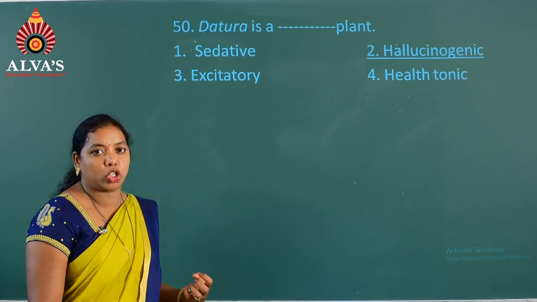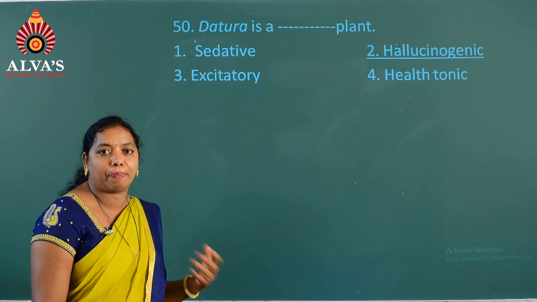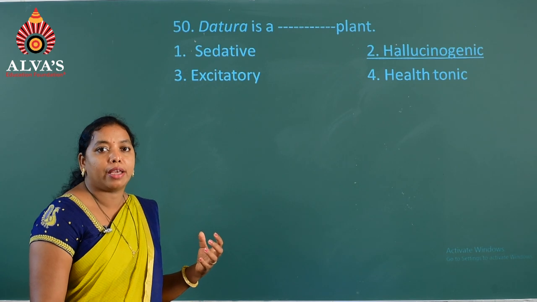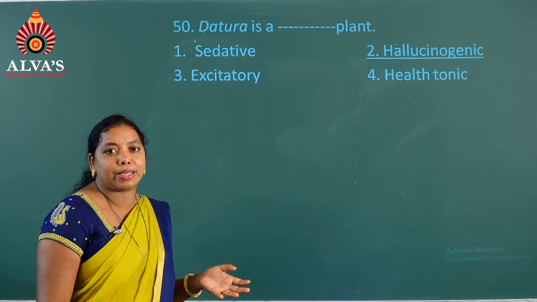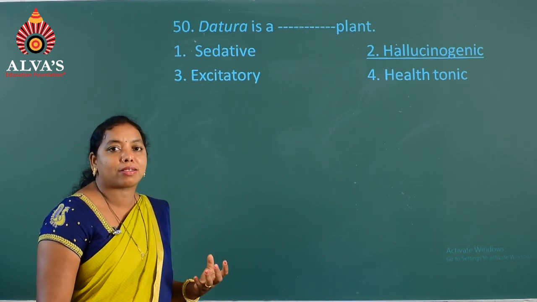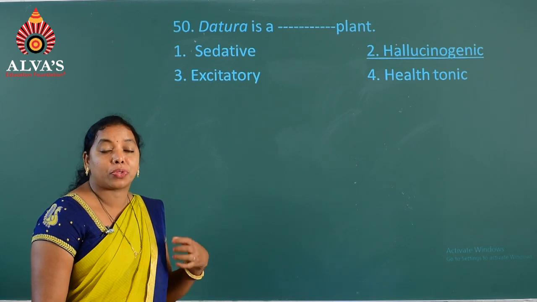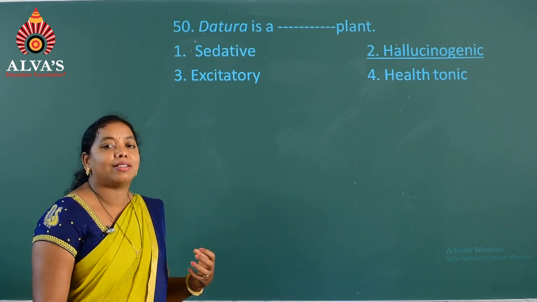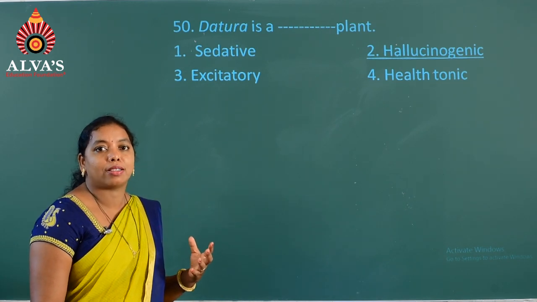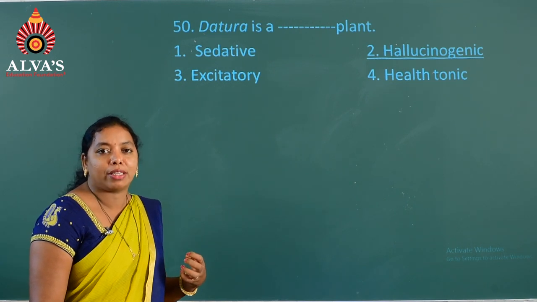After taking drugs prepared from datura, the person feels like the happiest person in the world, and even perceives things: he hears, tastes, or sees things that are not really present. So it is away from reality, but he senses everything.